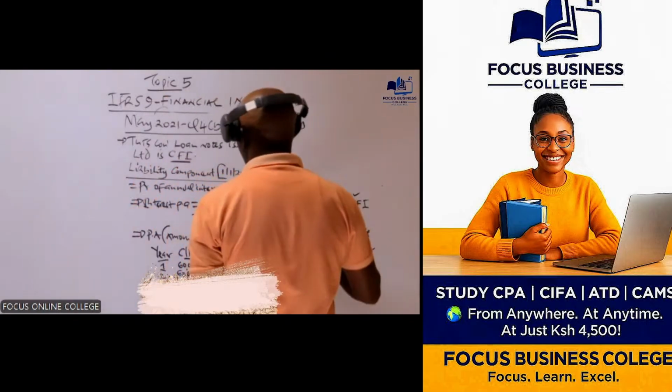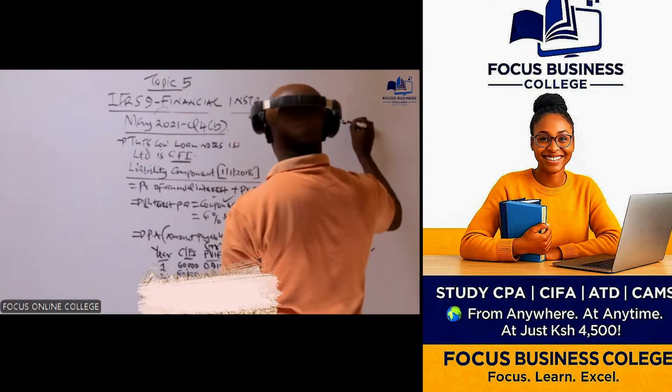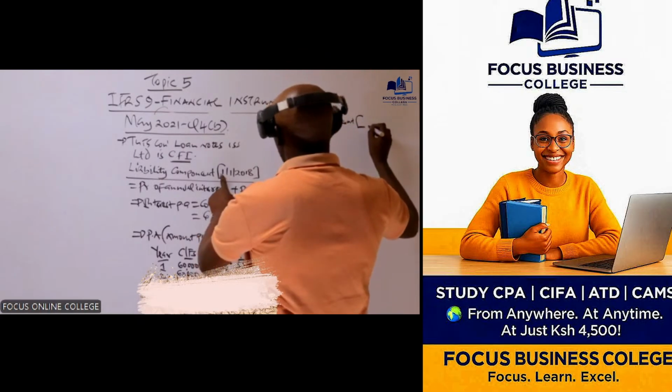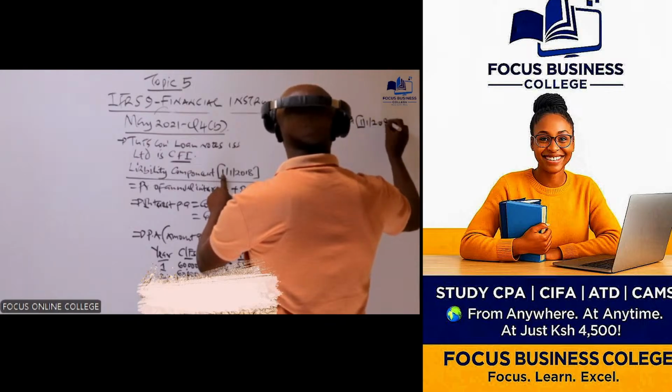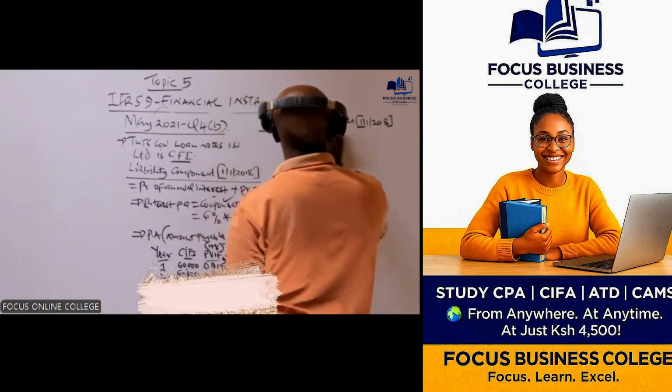So let's move and compute the equity component. The equity component will also be computed on the date of the issue, 1st January 2018. So how do we compute this one?